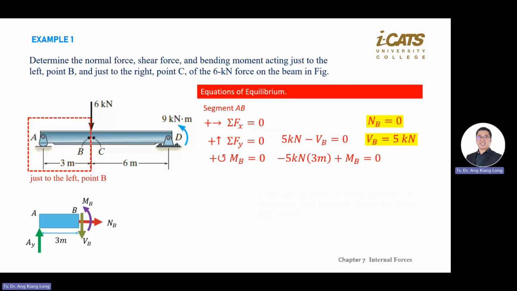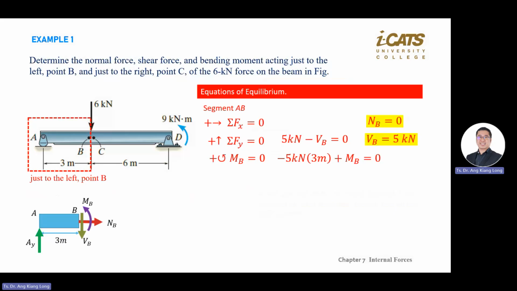Clockwise is negative because your general direction for moment is anti-clockwise positive. This is clockwise, so negative. Always remember to put in the value and the unit there. In statics, we like to play with kilonewton or Newton sometimes.